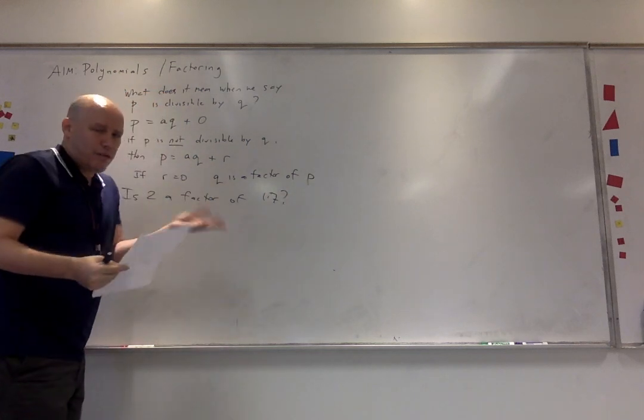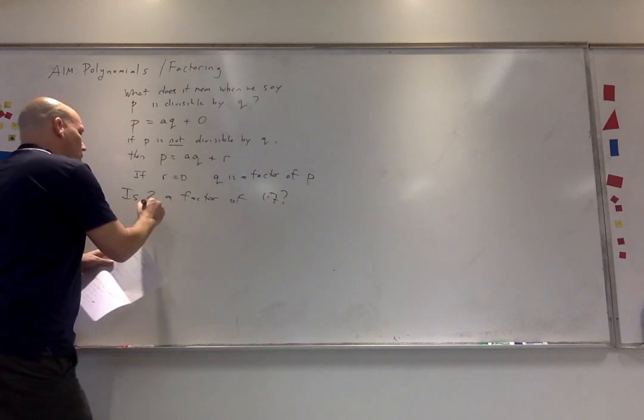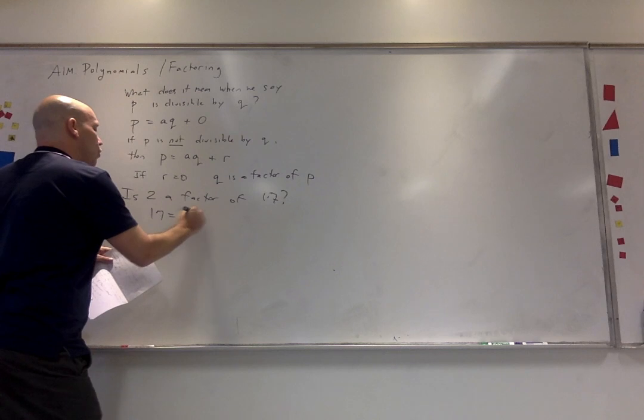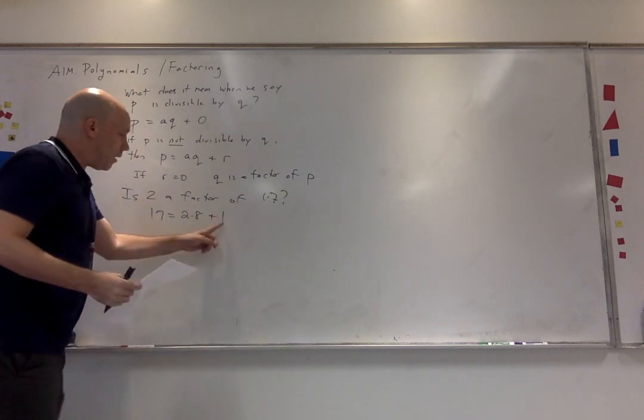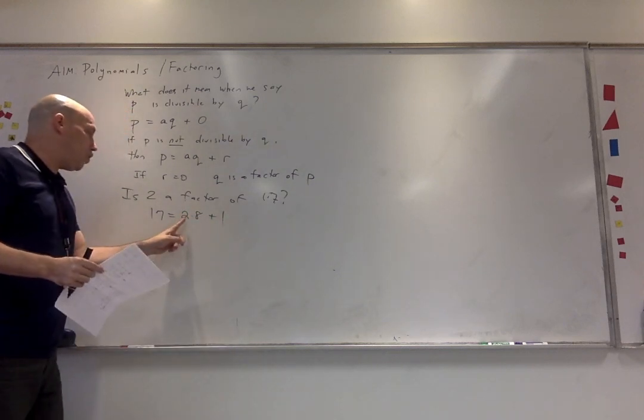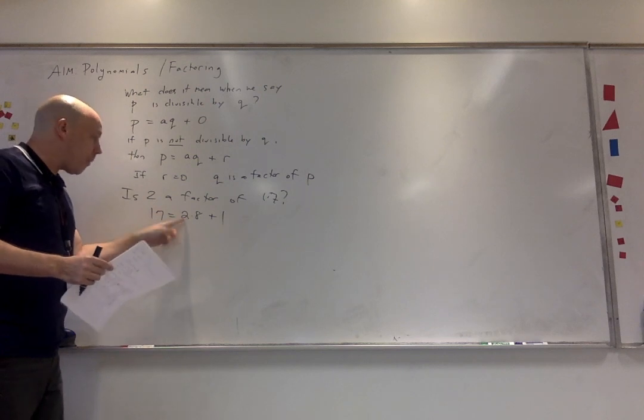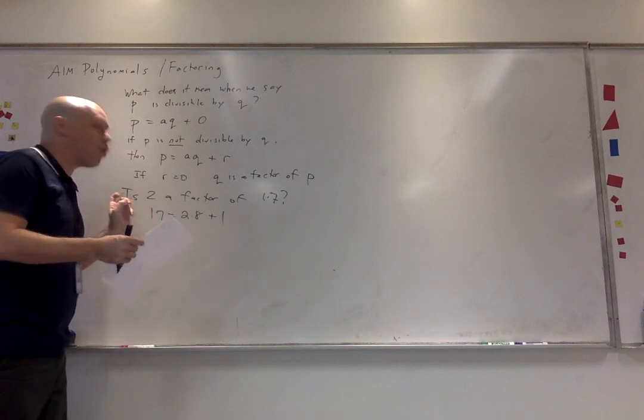You say, no, Mr. Adler, because 17 equals 2 times 8 plus 1. Because there's a remainder, 17 is not divisible by 2, and therefore 2 is not a factor of 17.